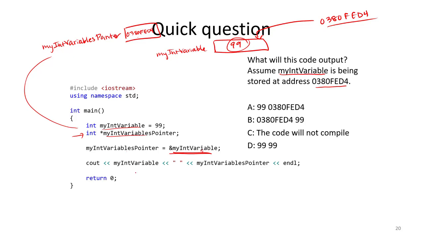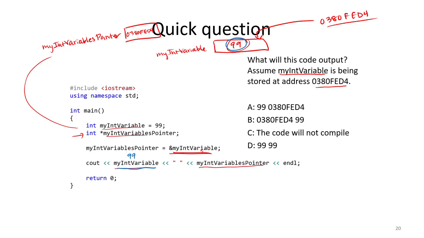So this program is asking us, what will be the output of this code? Well, we have one cout statement that is outputting myIntVariable, and the second item in that cout statement is myIntVariablesPointer. If I say cout myIntVariable, that's going to output whatever's stored inside myIntVariable to the screen. myIntVariable currently contains the value 99.